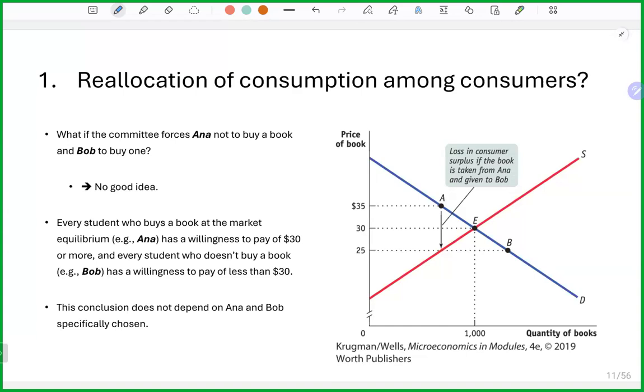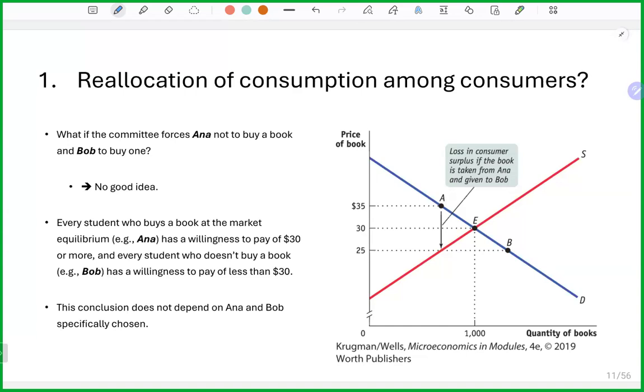It will change the buyer allocation, change the consumer, change who buys the book. So then you take the book from Anna. Does it improve the welfare, and by how much?